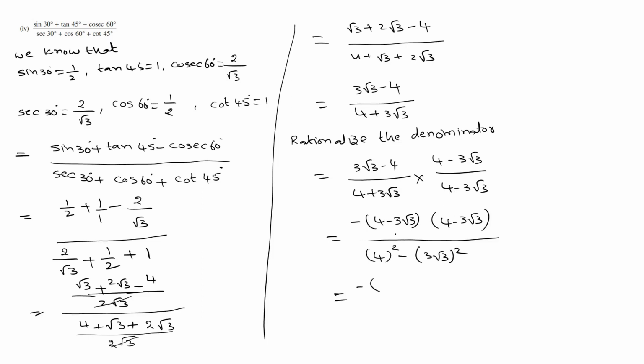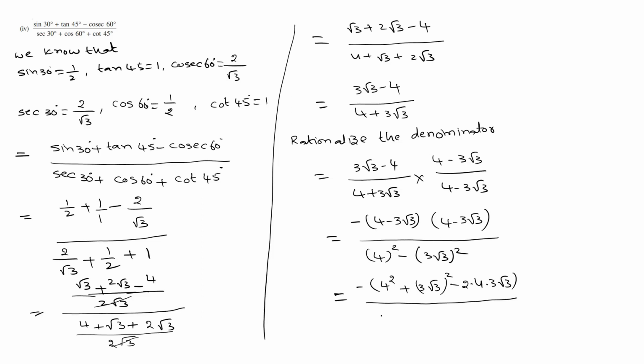(a minus b) whole square is nothing but a square plus b square minus 2ab, so 4 square plus (3 root 3) whole square minus 2 into 4 into 3 root 3, whole divided by a square minus b square.